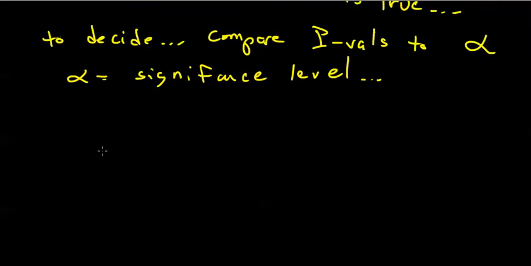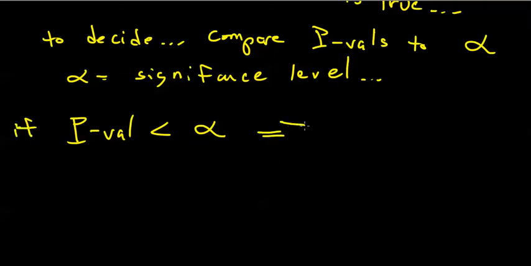And here's how we decide. If your p-value is less than alpha, well, remember, small p-values suggest H0 is false. How small? Smaller than alpha. Right? If p-value is smaller than alpha, our conclusion will be to reject H0.